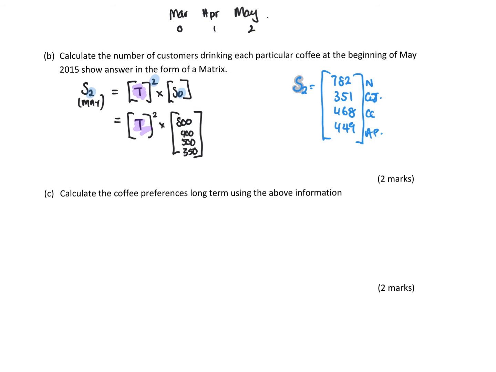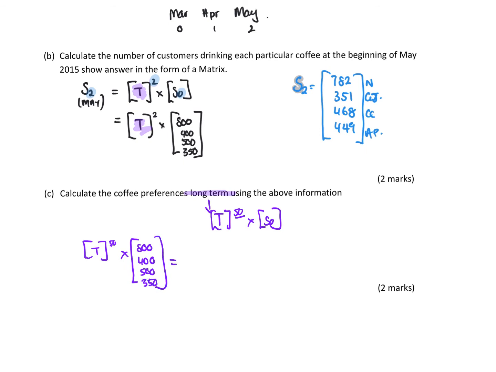Then it says calculate the preferences in the long term. Long term is when we raise the transition matrix to a high power, so I'll pick 50 and multiply by S0, the March one.